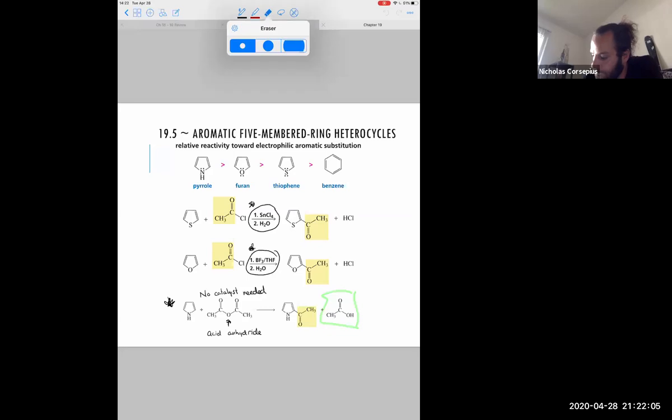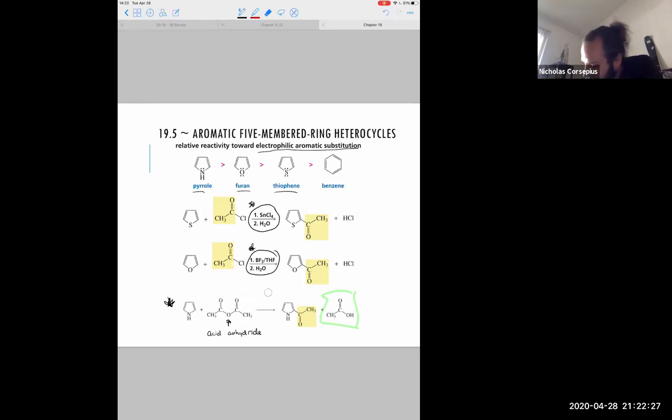What's important here is reactivity in electrophilic aromatic substitutions. What that's really saying is that all of these rings are even better nucleophiles than benzene. So anytime benzene can play the role of a nucleophile, they can play the role of a nucleophile too, and they're even more reactive.